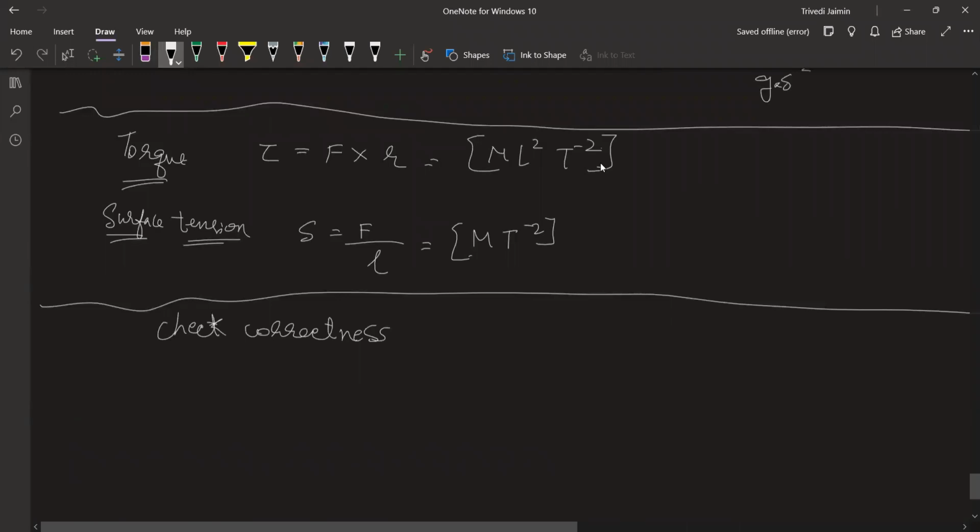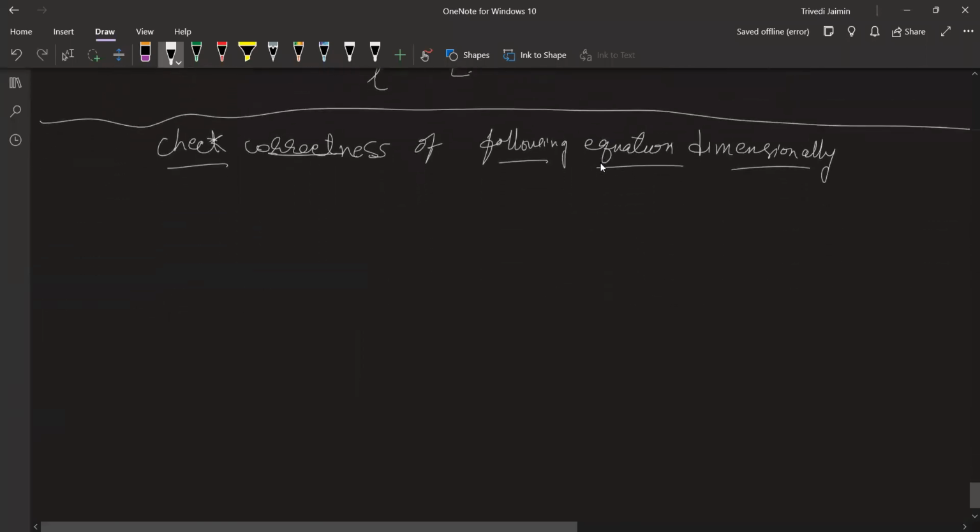Check the correctness of the following equation dimensionally. Now let's start with how to check. Let's start with the first basic equation. Everyone see here now? F equals ma.